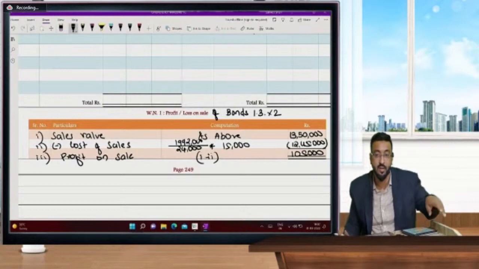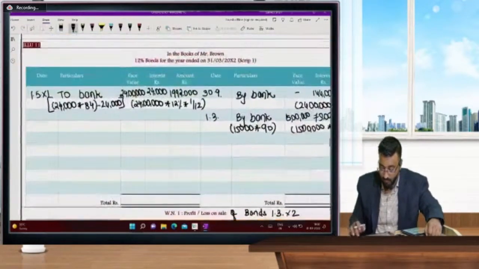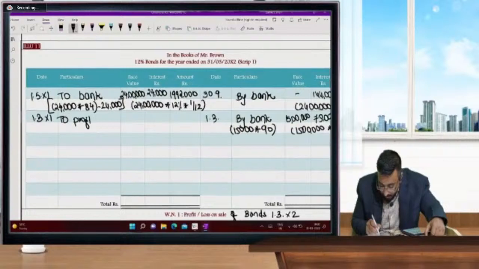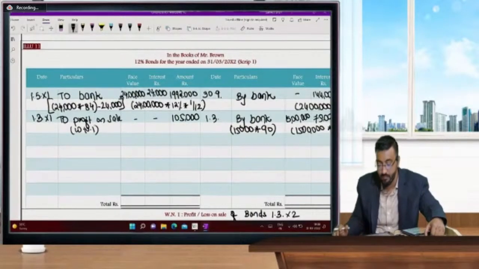It is easy. Opposite to that, to profit on sale. Working note number 1, 1,05,000. It is easy.